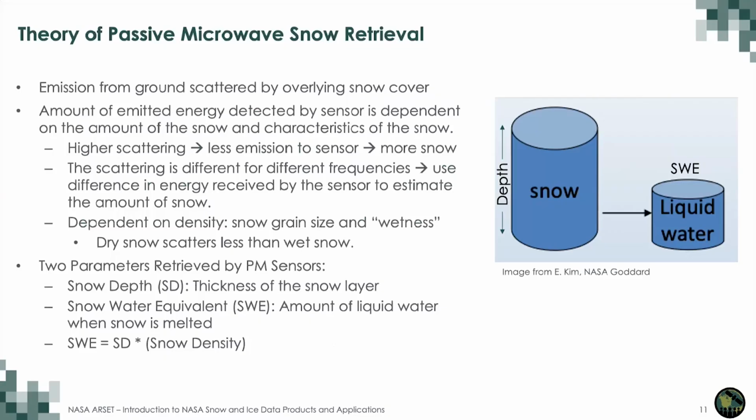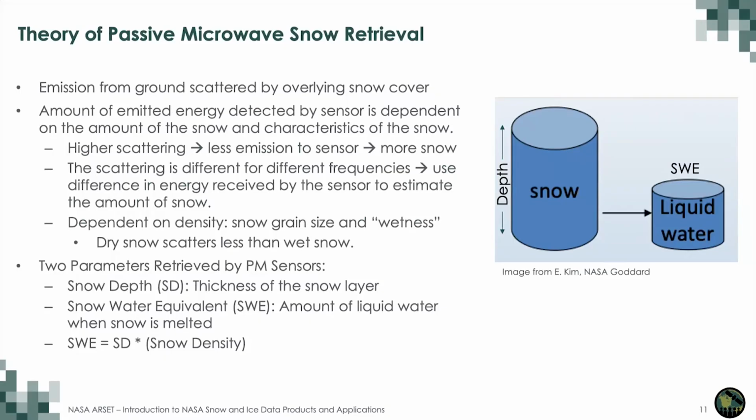Two parameters that are of interest for geophysical remote sensing that are retrievable by passive microwave sensors are snow depth, which is fairly intuitive, the total thickness of the snow cover on the ground, and then snow water equivalent, which may be less familiar to people, but that's basically what happens if you take a certain volume of snow and you melt it down into liquid. How much liquid do you get?